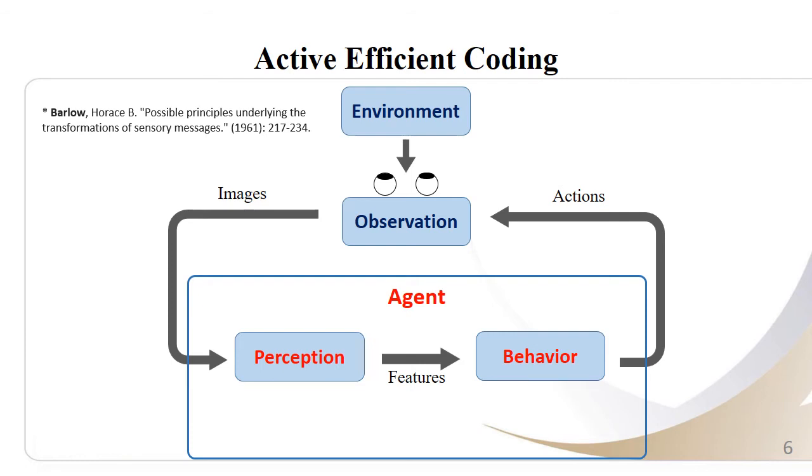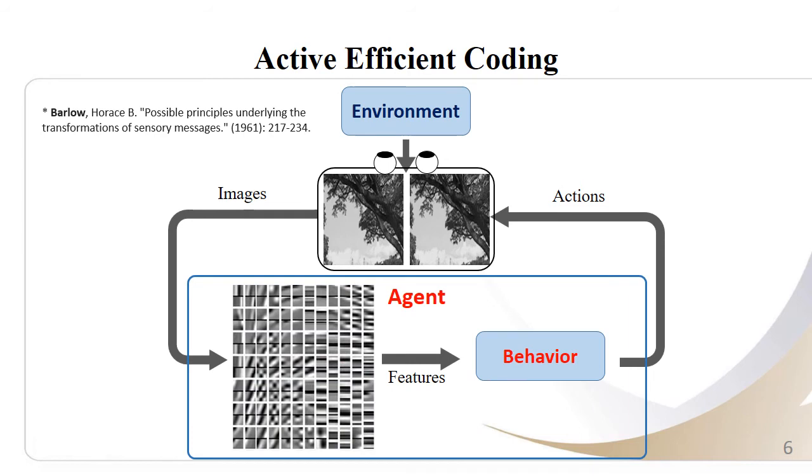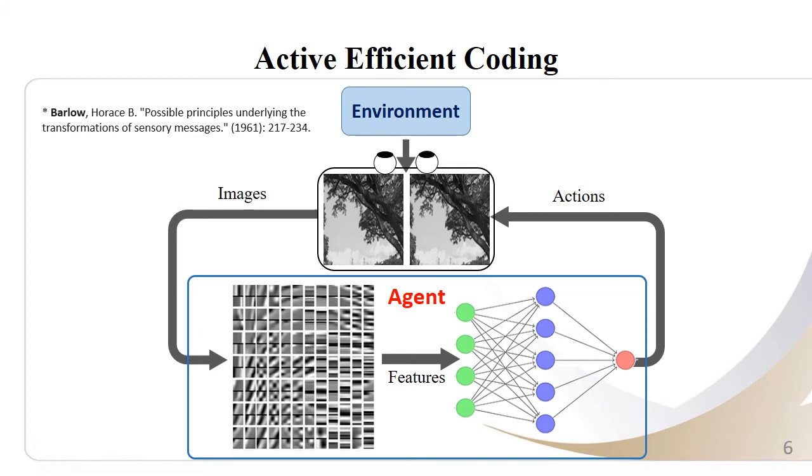In our case, the observations are the binocular image pairs, which are sent to the perception part, modeled by an unsupervised learning algorithm which learns to extract binocular features. Then these features are sent to the behavior part, which is modeled by a neural network whose weights are updated by a reinforcement learning algorithm. It then generates actions for modeling the eye movements.